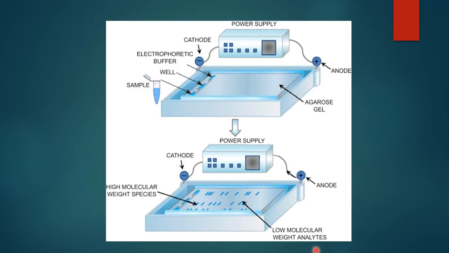Lower molecular weight obviously comes faster, so we will see it at the bottom, and higher molecular weight molecules are going to be at the top. So this is how you separate molecules from a mixture by applying electrophoresis.